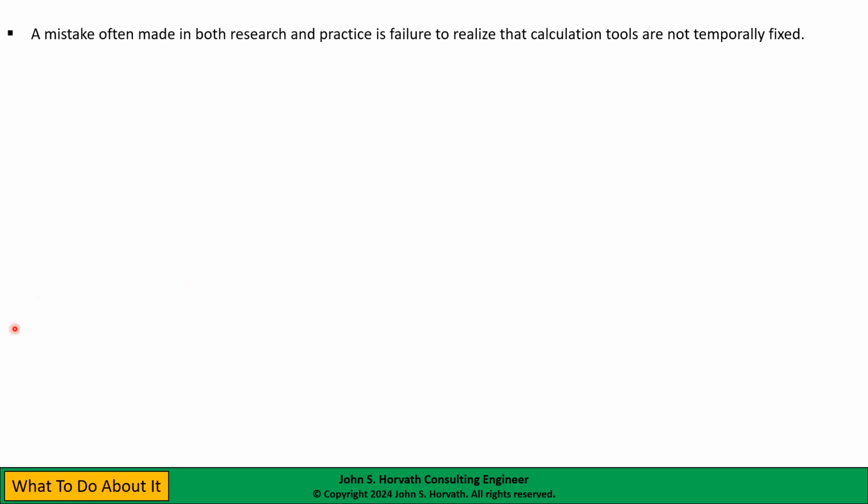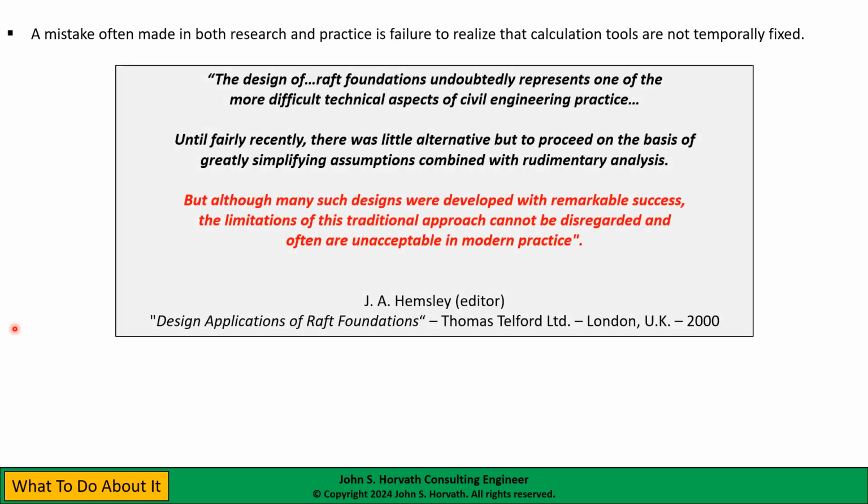I think it all goes back to a mistake that is often made in both research and practice, the failure to realize that calculation tools are not fixed in time. This quote comes from a proceedings of a symposium on mat foundations from about 20 years ago.